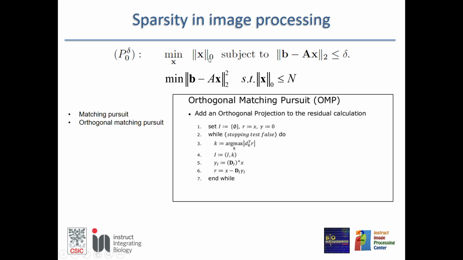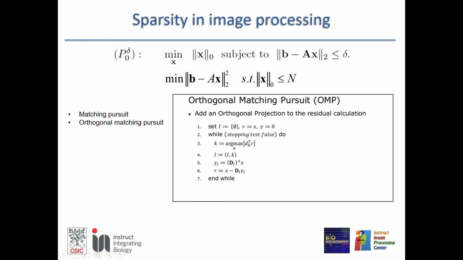You may minimize the count of coefficients different from zero in some space, subject to the reprojection error being smaller than delta, or you can work with the dual, that is, minimize the reprojection error subject to the count of coefficients being smaller than something.